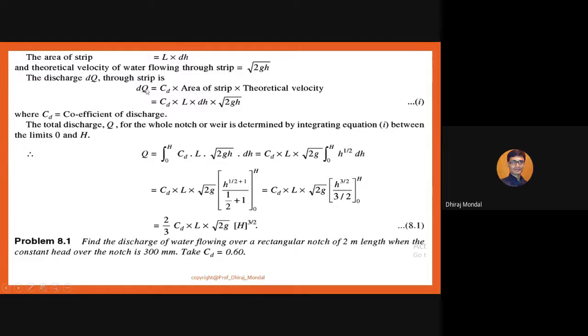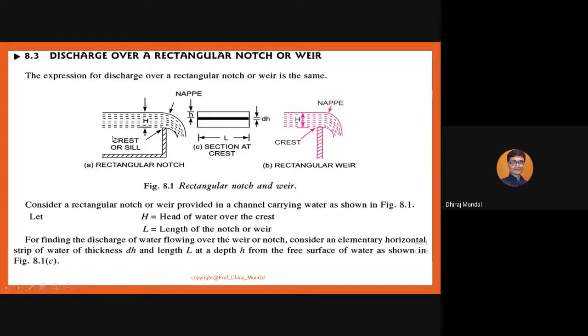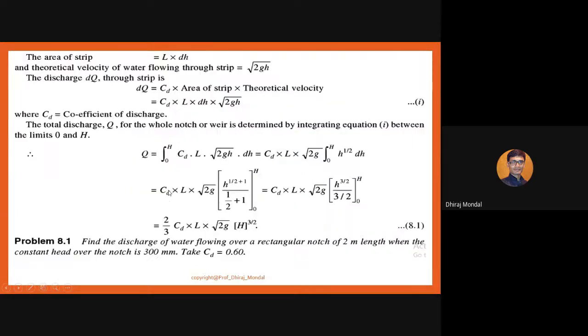So it is the actual discharge, but here we will be finding out the theoretical discharge. So this Cd part, I will eliminate. So dQ is equal to area L into dh into root over 2gh, and here you can see Q is equal to the total, it is varying from 0 to h. So that is why Q is integrated from 0 to h.